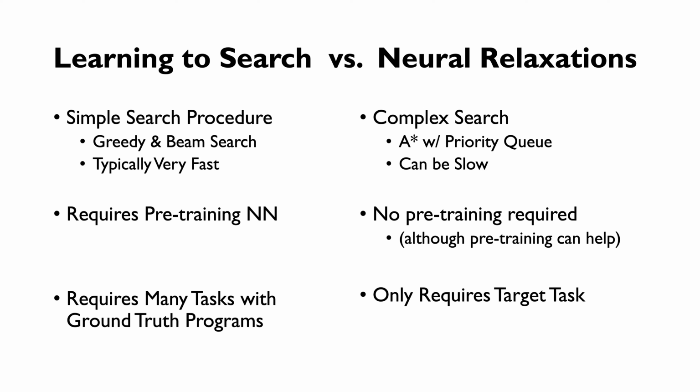For neural relaxations and A-star search type methods, you don't need pre-training, although it can help. For learning to search, you need many tasks with ground truth programs, typically. And you've seen examples of this in other talks. For neural relaxations, you only need your one task. You don't need anything else. And obviously, you can imagine more advanced methods that can enjoy the benefits of both of these with different amounts of training resources available.